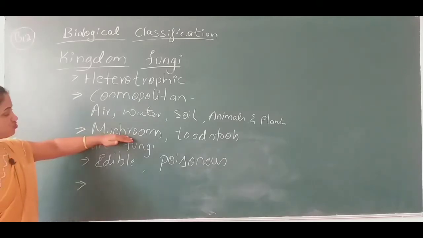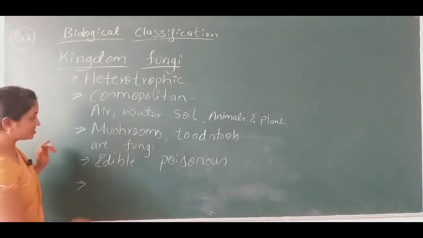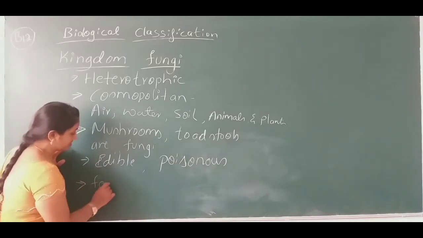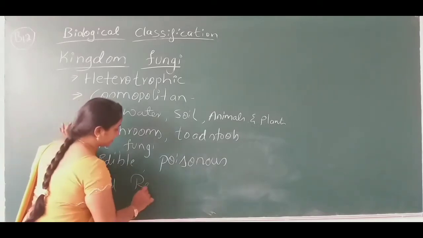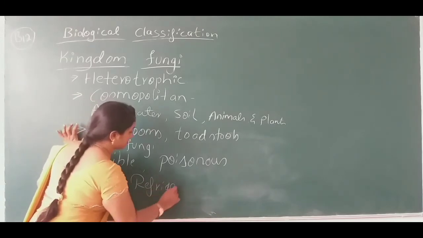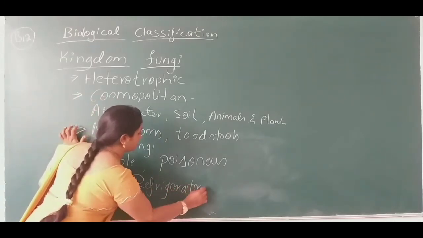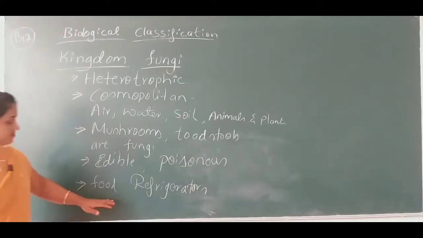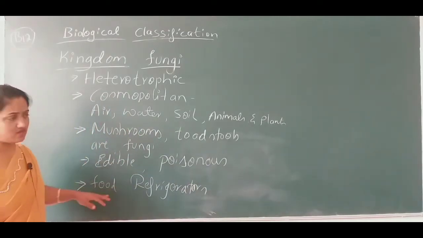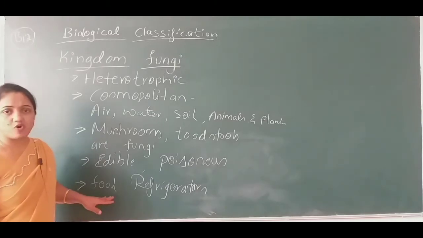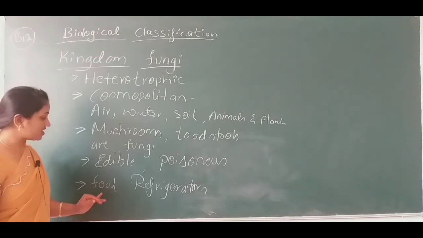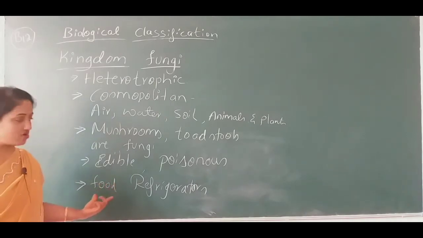Okay, so we'll move on to the next concept. We used to store the food materials in the refrigerator, right? Why so? Just now I told you, any type of food may get spoiled. How can we define that the food has spoiled?